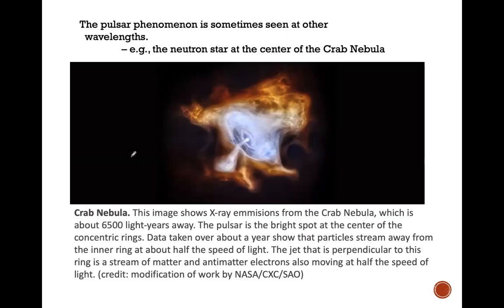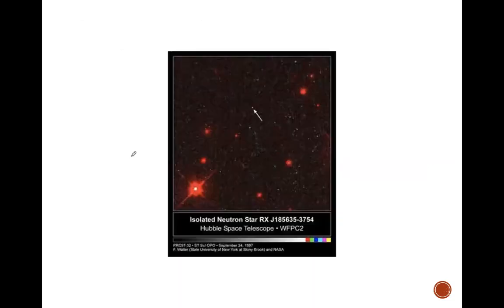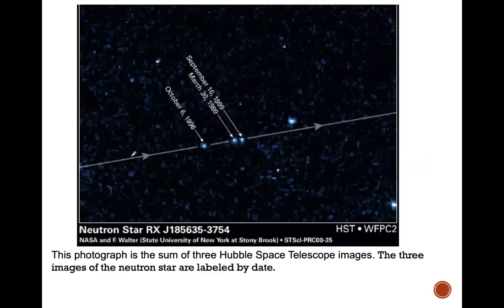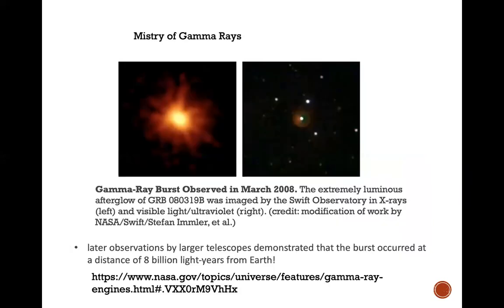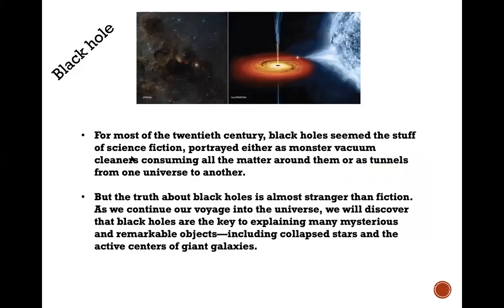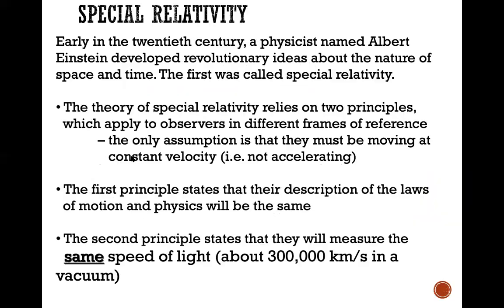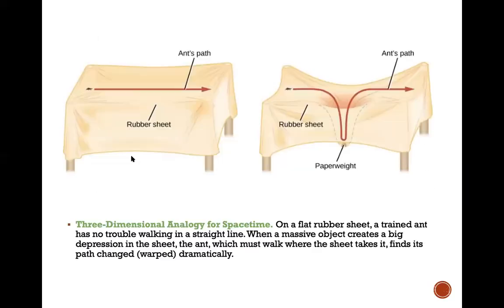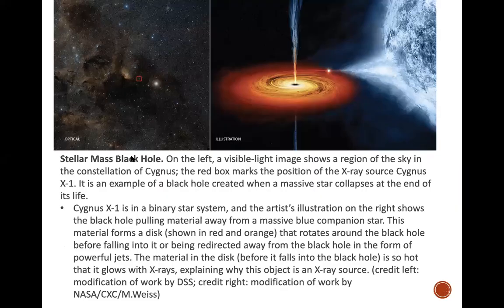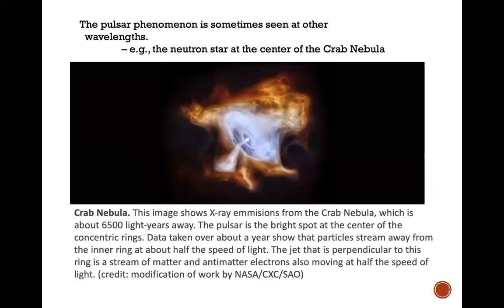I will upload this presentation up to here, and the last few images are just some examples of the detection of neutron stars, so that you can just read through. And starting from this mystery gamma ray slide, I will be talking about black holes next day, plus some of the basic concepts in general relativity.